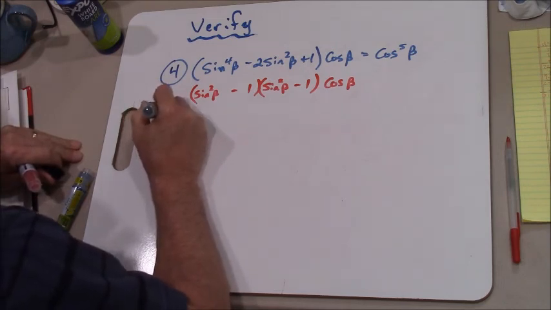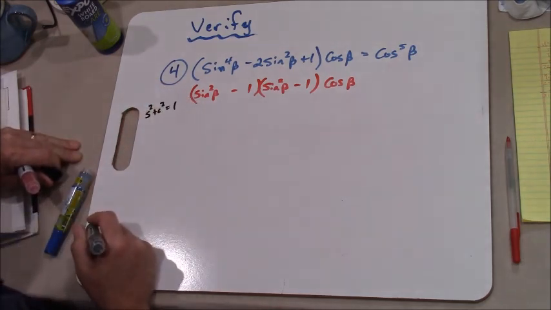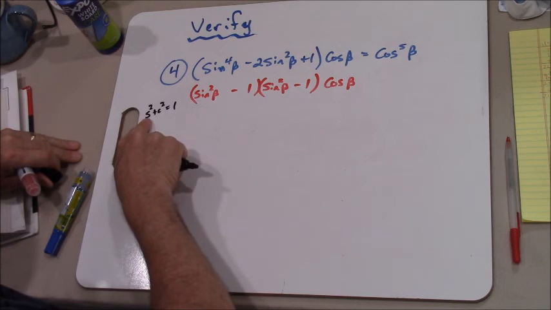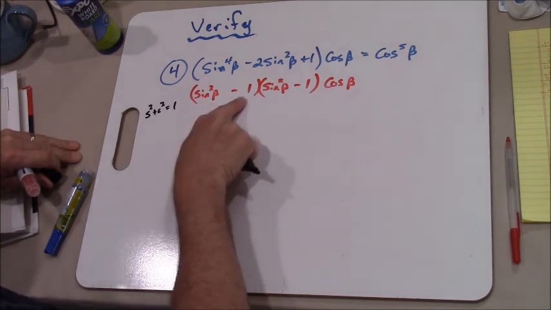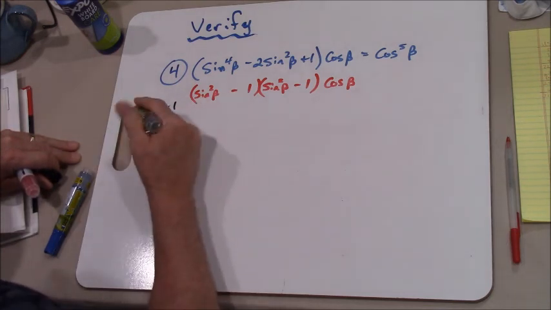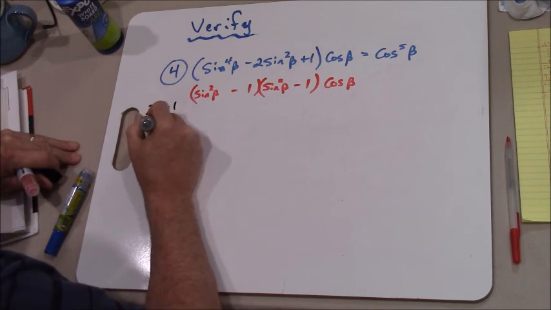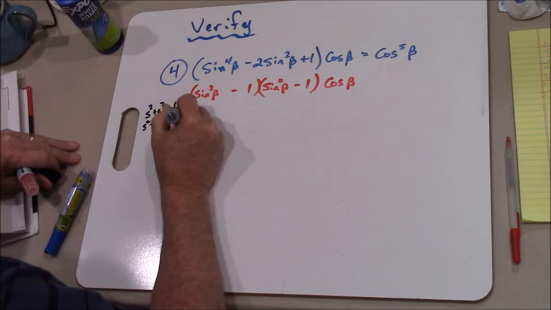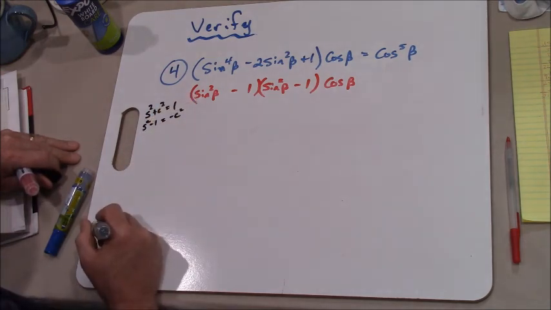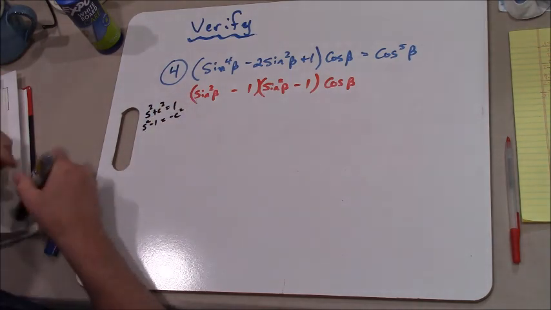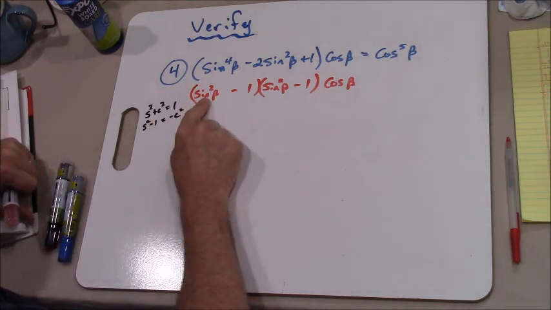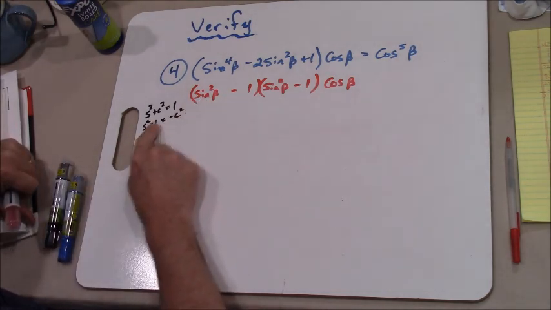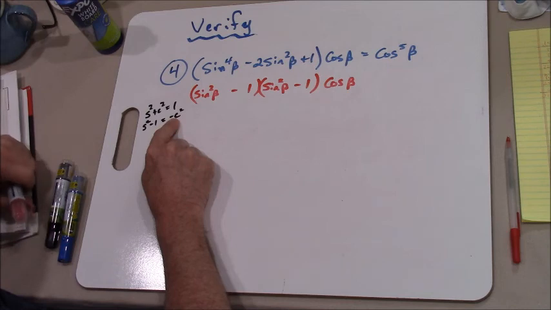Sine squared plus cosine squared equals 1. I want to have a sine squared minus 1, so I'm going to bring the 1 over to the left side. Sine squared minus 1. When I move that cosine back over, it becomes negative. So sine squared beta minus 1 is equal to a negative cosine squared beta.